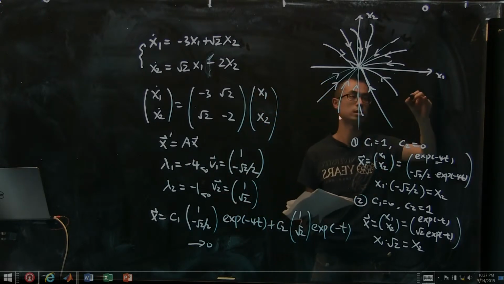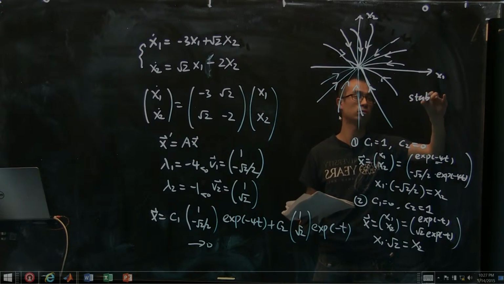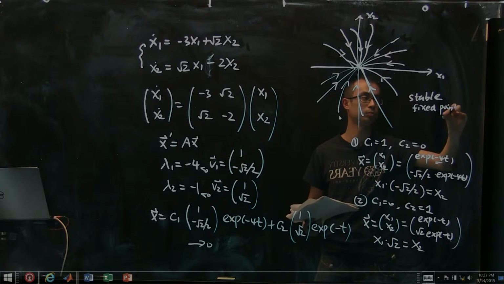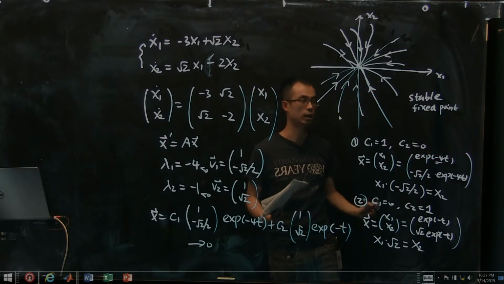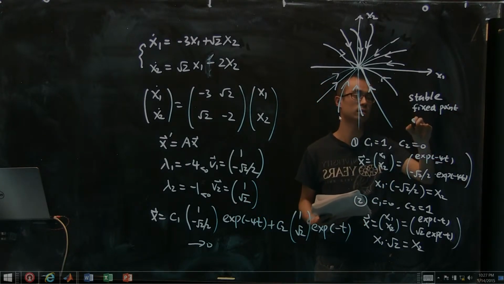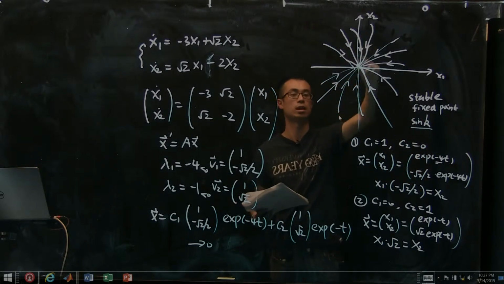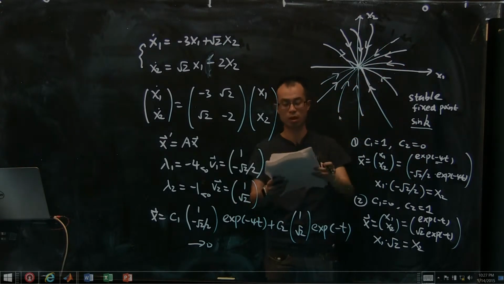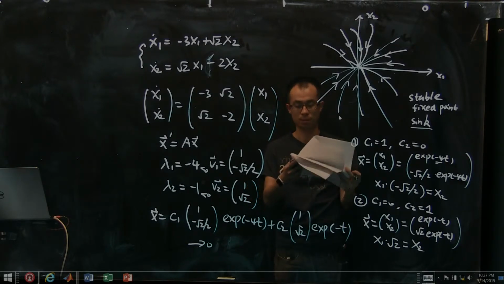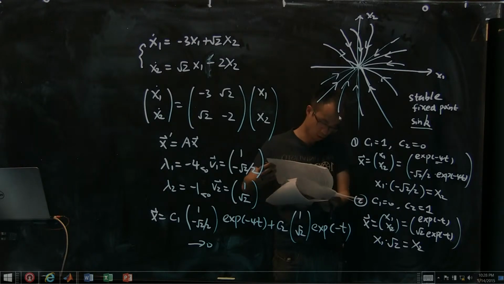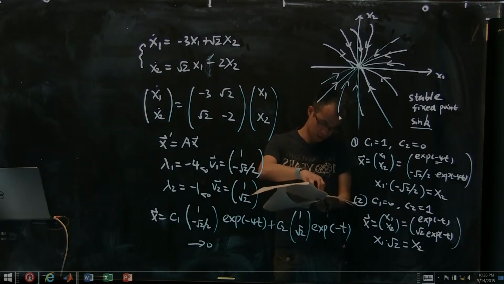So this is called a stable fixed point. And sometimes we also call it a sink. Obviously this is like a sink, and it goes to 0.